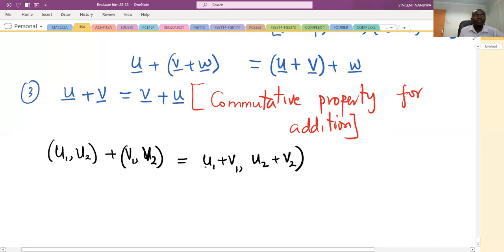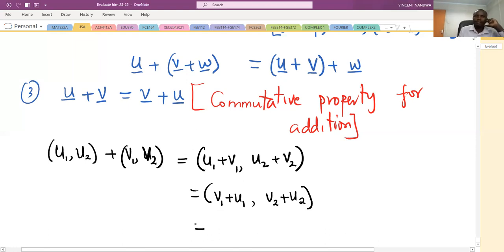Add corresponding elements, which is the same thing as saying V1 plus U1, because these are just real numbers, and then V2 plus U2.